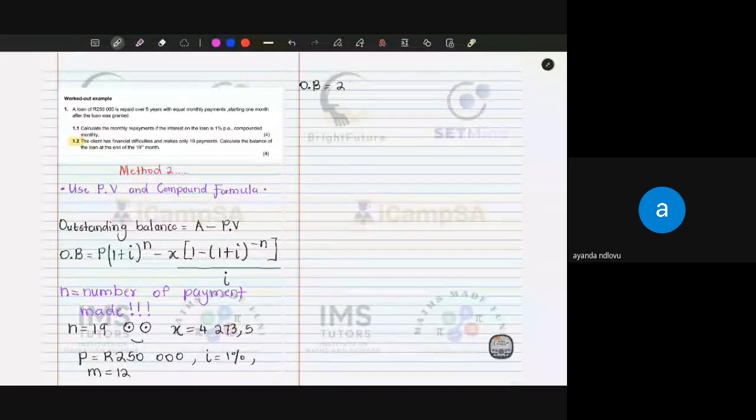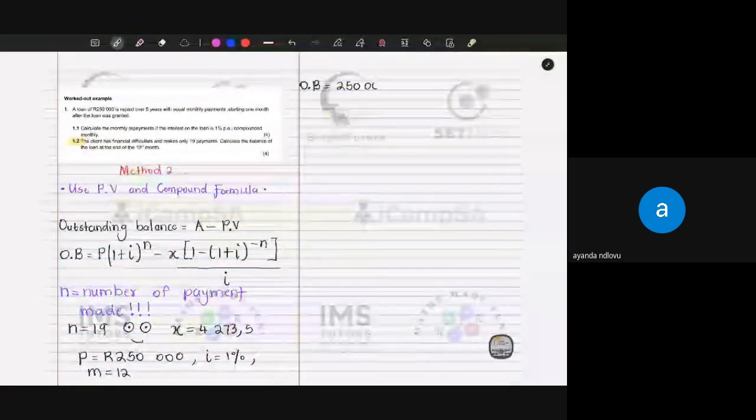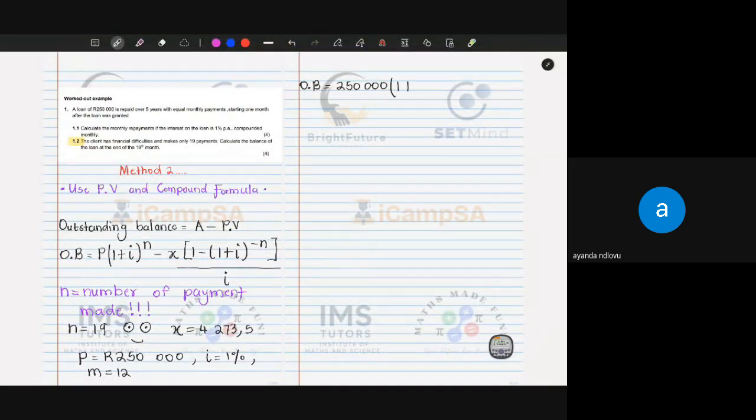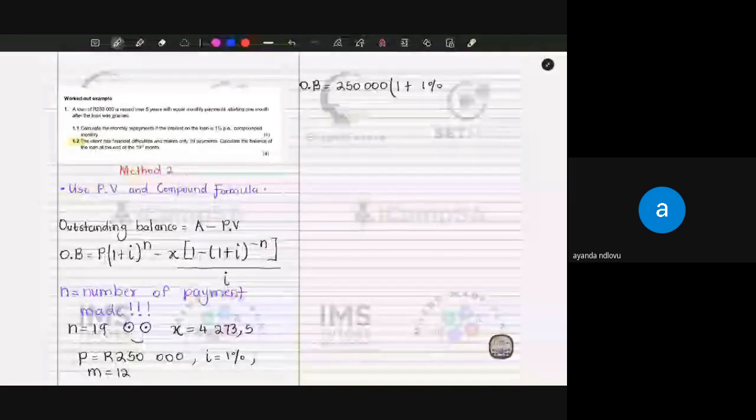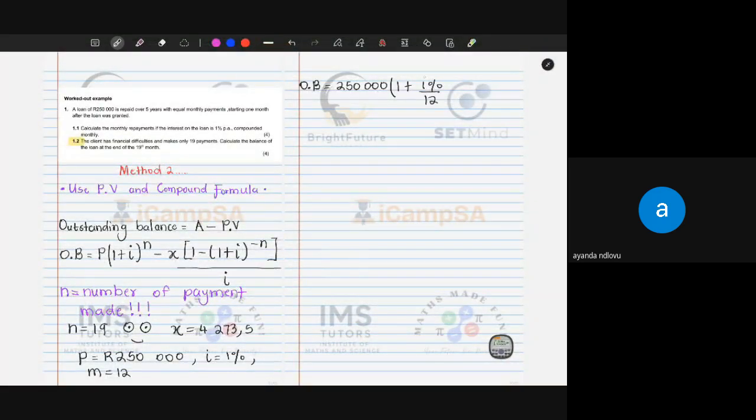So we'll have 250,000. I'll need you guys to use your calculator. Into 1 plus, we have 1% interest. Remember, we should divide by 12. And the n here, we said it is the number of payments you've made, which is 19, minus x.